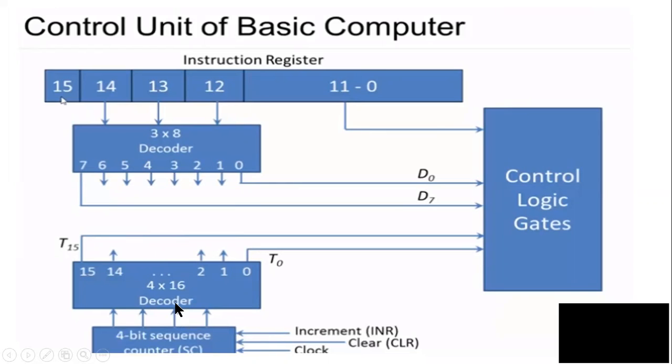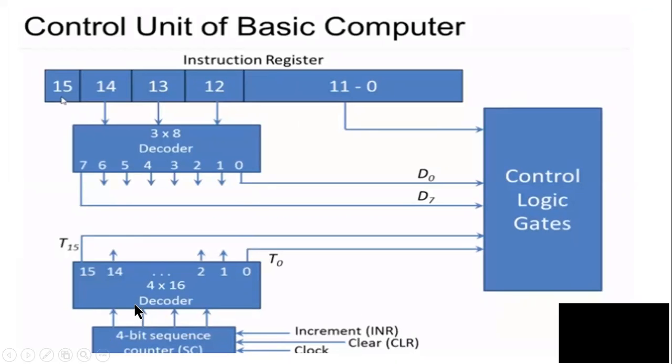For that we require a 4-bit sequence counter whose 3 inputs are increment, clear and clock. Because everything works on the clock, we need to provide the clock as an input. If we want to clear the sequence counter in between, we need to give the clear signal. And we need to increment the counter every now and then, so we require the increment signal.